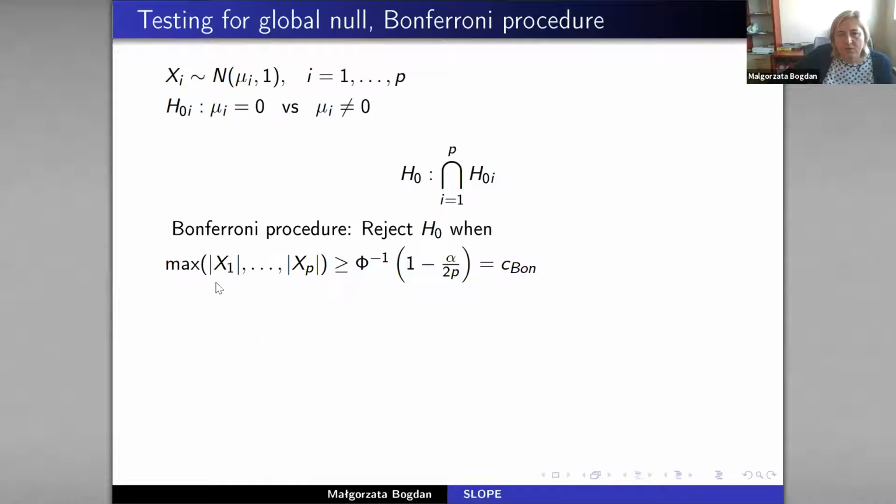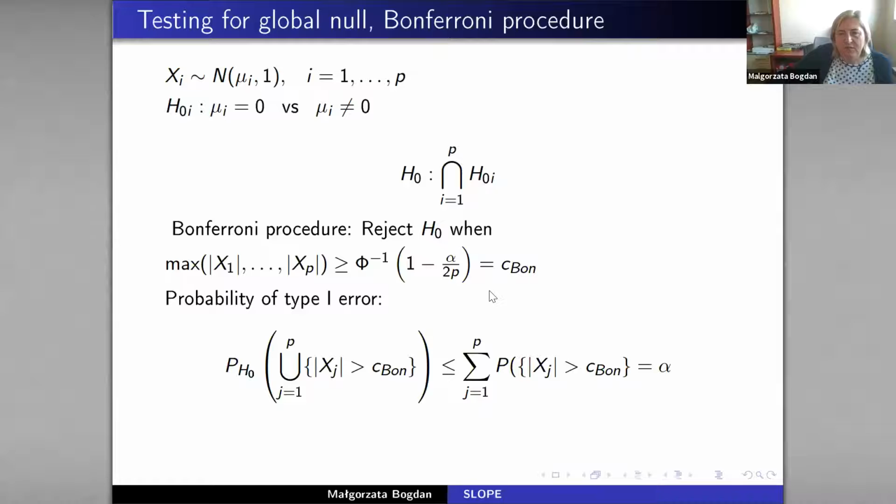So we basically look at the maximum of the absolute values of our statistic, and we are going to reject this null hypothesis when this maximum absolute value exceeds the quantile of the normal distribution at the level 1 minus alpha over 2p. And it's very easy to show that the probability of type 1 error of this procedure is controlled at the level below alpha.